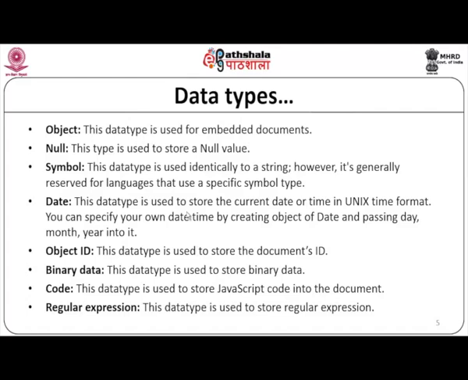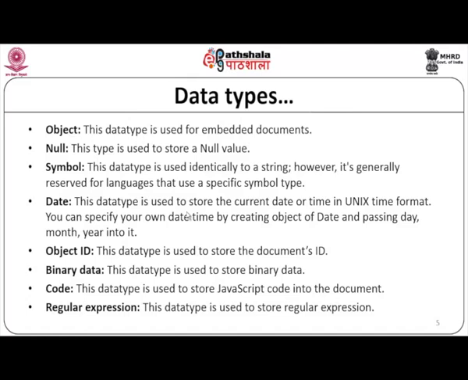It supports symbols, which is used to indicate a string, but in general it is reserved for languages that use a specific symbol type. We have a data type date, which is used to store the current date and time in Unix time format.